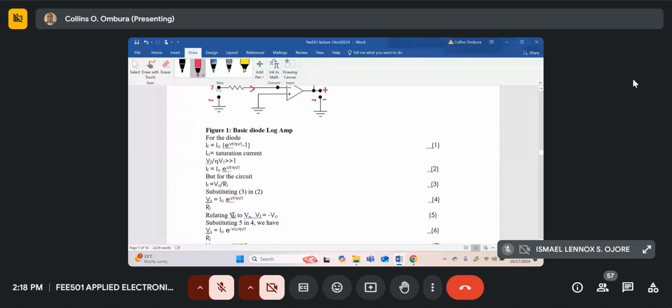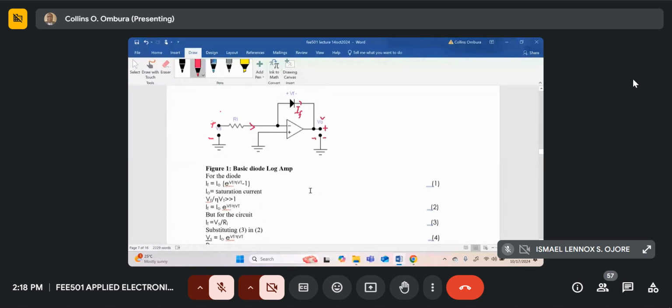Now let's relate Vf to V naught. If you look at this circuit over here, the positive side of Vf is connected to the minus input of the op-amp, and the op-amp minus input behaves as a virtual earth.